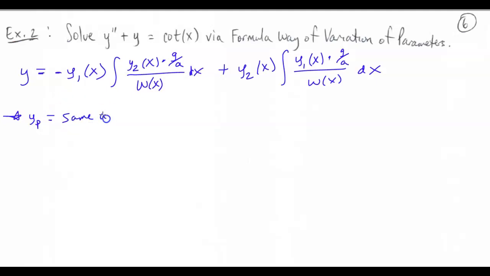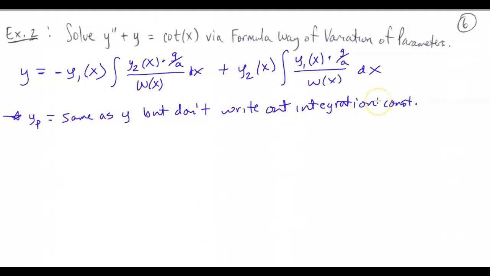I'm just going to say same as y, but don't write out the integration constant. Again, I'm doing that because I'm leveraging the fact that we could actually look at this equation here and figure out what its corresponding homogeneous solutions are, and easily use that, and it'll make the computation a bit more simple.